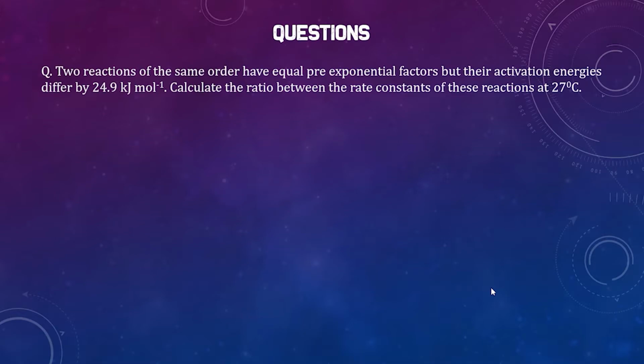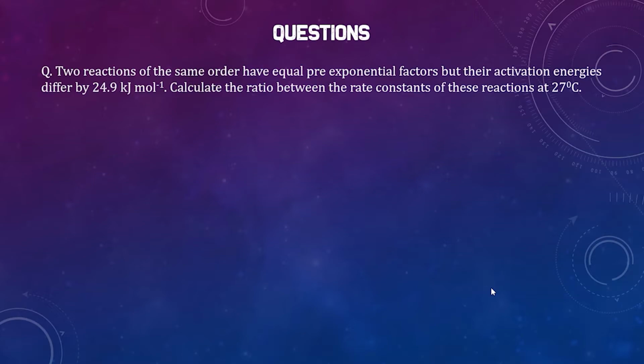The two reactions of the same order have equal pre-exponential factor, that means the A value. But the activation energy differs by 24.9 kilojoule, that is Ea1 minus Ea2 is 24.9 kilojoule per mole. Calculate the ratio between the rate constants of these reactions at 27 degrees Celsius.